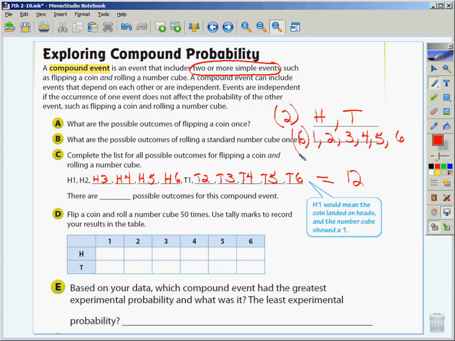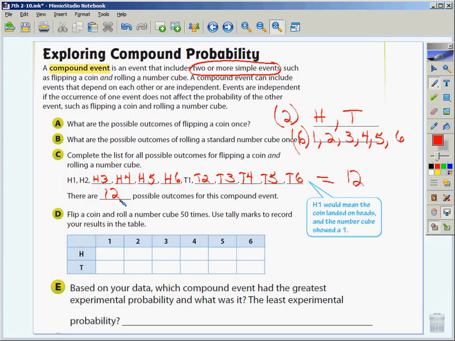If there's 2 events possible in the first one and 6 events possible in the second one, when I create a list or a table, there should be a total of 2 times 6 things that are possible. 12 possible events. Does that make sense to everybody? So, there's 12 possible outcomes for this compound event.